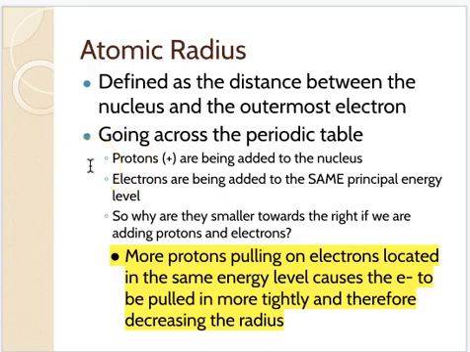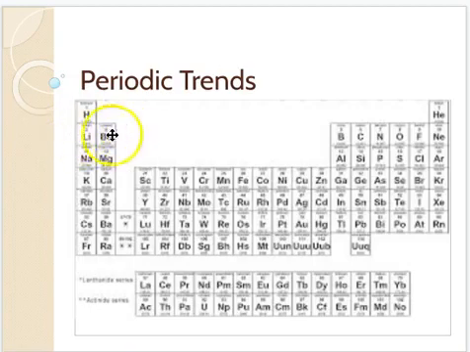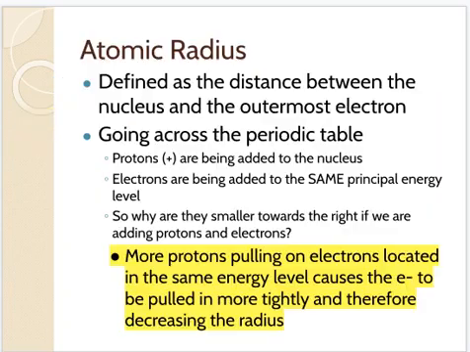And we are staying within the same energy level. So if I go back to this example, this is energy level 2 right here, right? So all of these are in the second energy level. So we're adding protons to the nucleus. We're adding to the same energy level. And so we say that atoms get smaller from left to right.